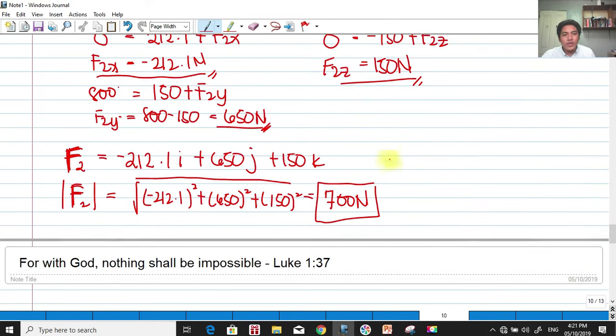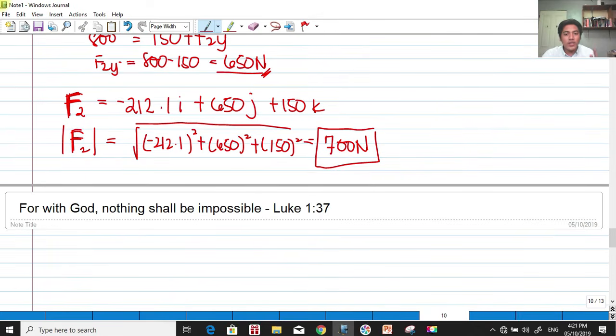Another question is to get the direction angles of this F2. In order to get the direction angles, we must first get the unit vector of F2, which is the vector F2 over the magnitude of F2.